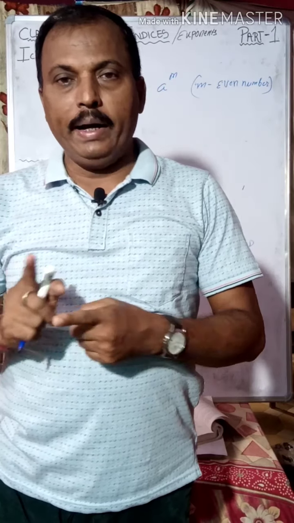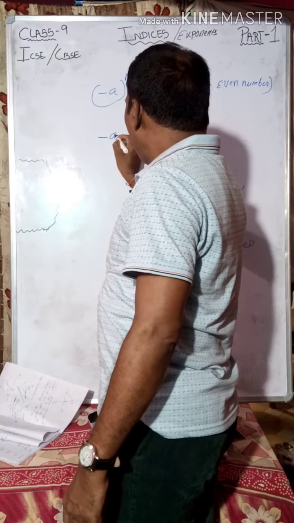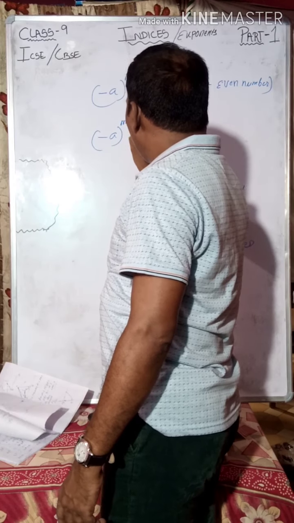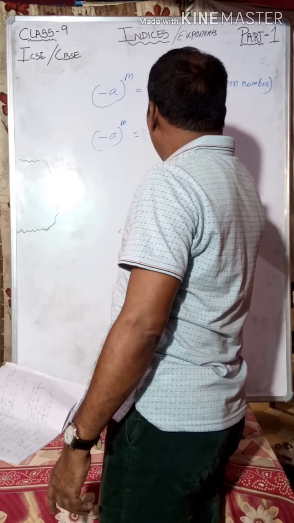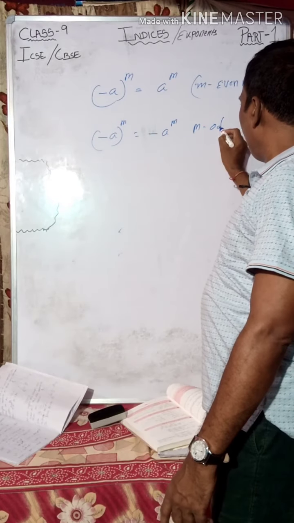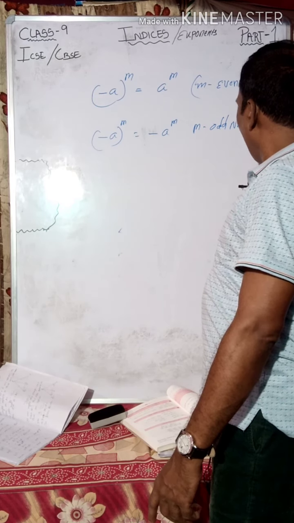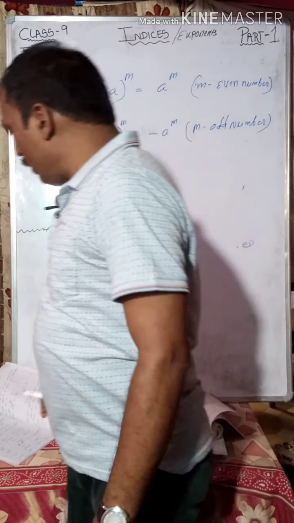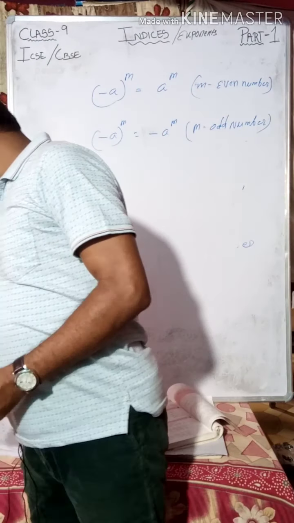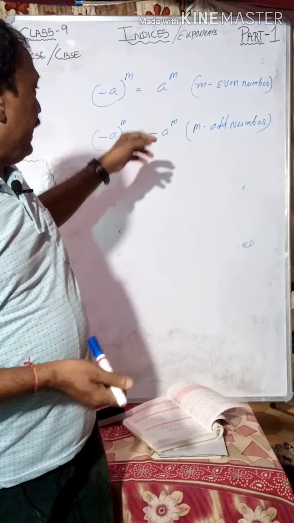So minus to the power of any even number is plus, and minus to the power of any odd number is minus. So minus a to the power m is equal to minus a to the power m when m is an odd number. Now take a screenshot.